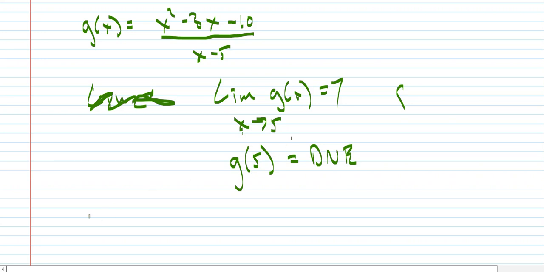So the moral of the story here is the function value and the limit are not the same thing. They may be the same, but they are not necessarily the same thing. The function value at a point and the limit of the function as you approach the point are two completely different things.